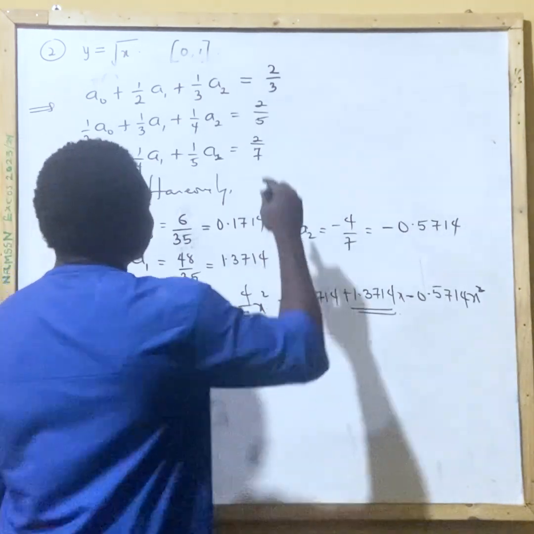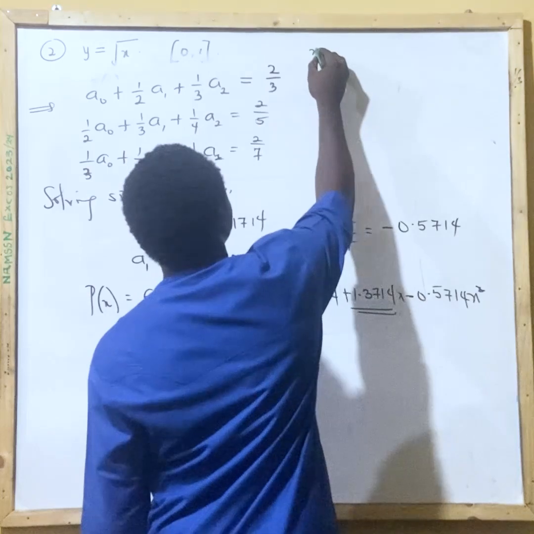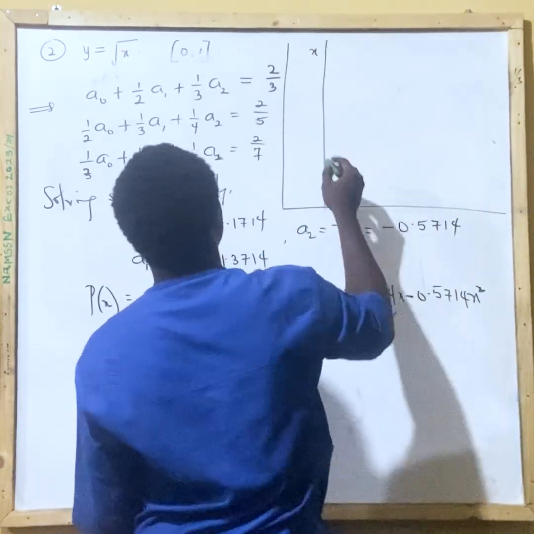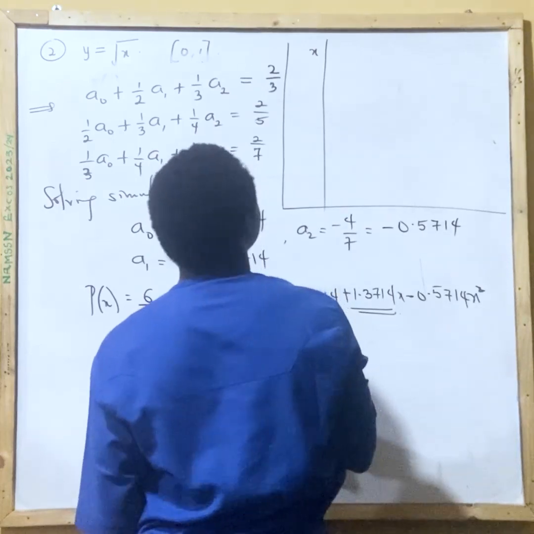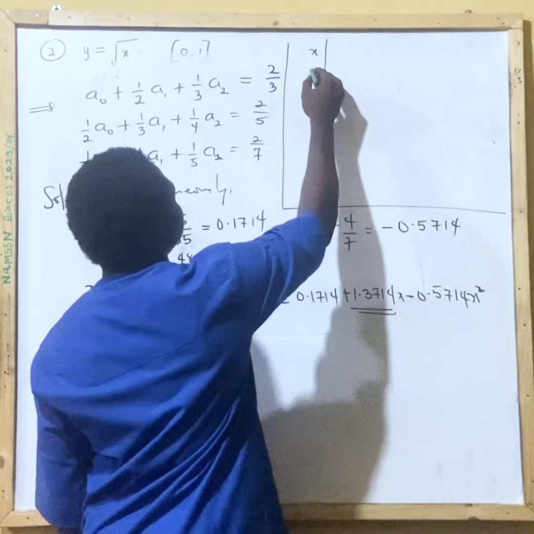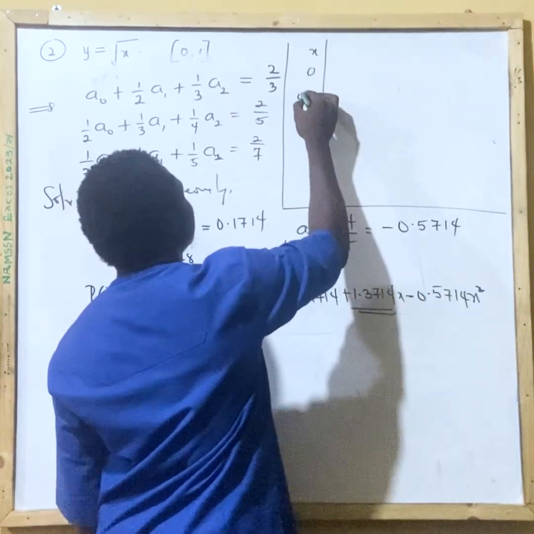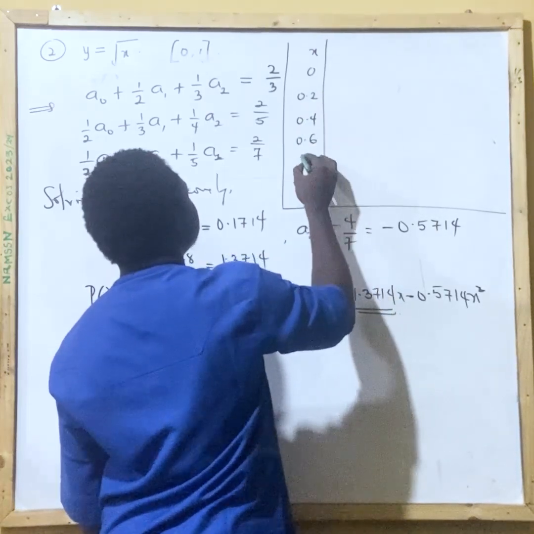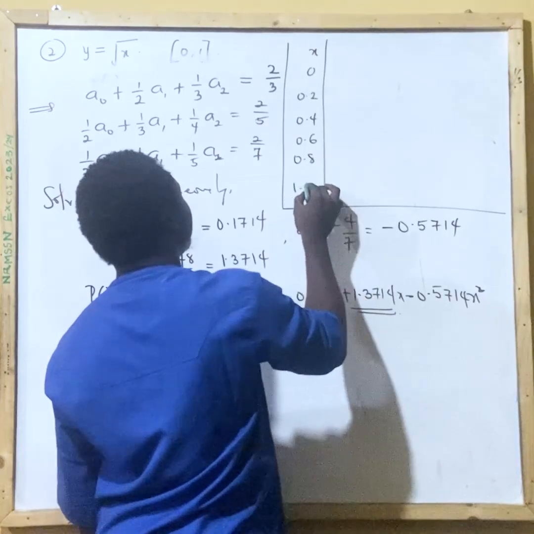All right, so if we are doing that, I can say that my x values, I want to take a spacing of 0.2. So I'll be using x to be 0, 0.2, 0.4, 0.6, 0.8, 1.0.